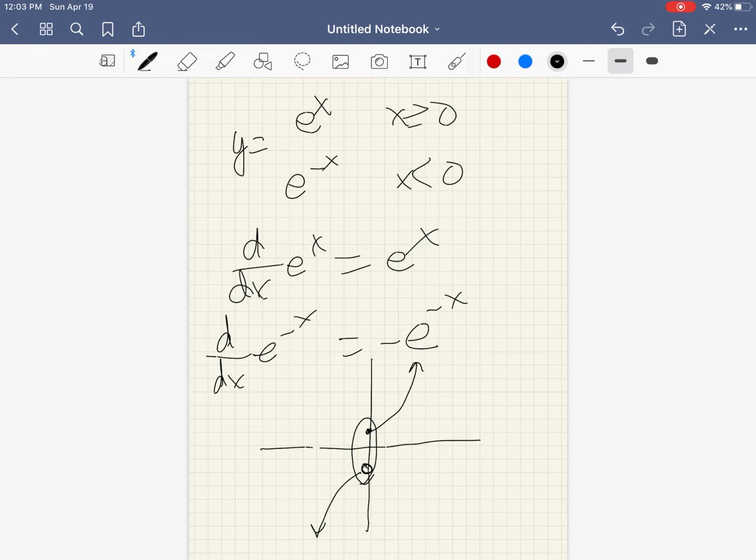No, so we can't define it at x equals 0. We simply have to say that this is true when x is greater than 0, and this is true when x is less than 0, because it doesn't exist at that point.